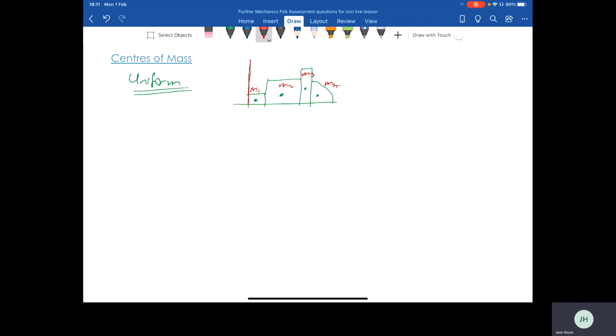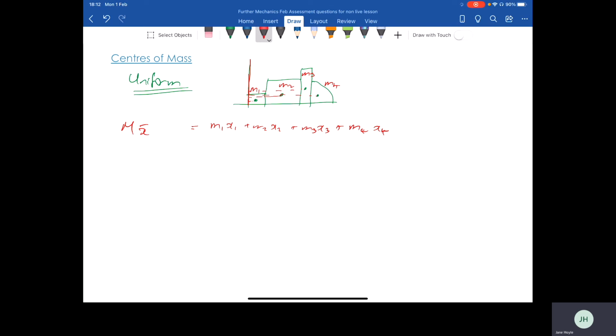But I know that if I take all of those individual masses and multiply by the distance to the y-axis, in other words, if I work out M1 x1 plus M2 x2 plus M3 x3 and M4 x4, then that will be equivalent to the mass of the whole thing, which of course is the sum of all those individual masses multiplied by the overall x bar.